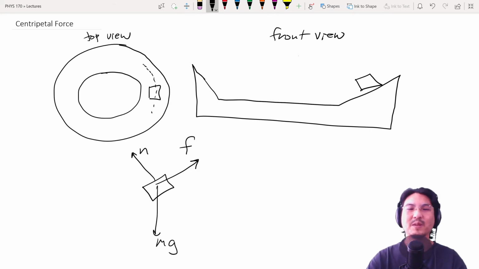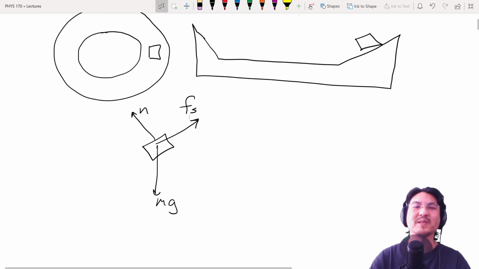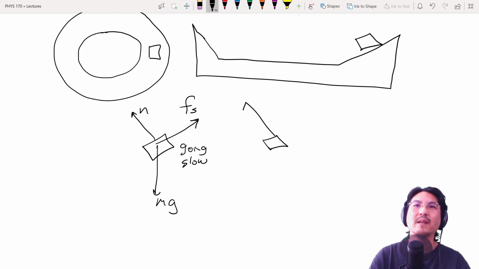There's no motion side to side between the tires and the road laterally, so this is actually static friction. This free body diagram is for if you're going slow. And the other way around, this way, if you're going fast.